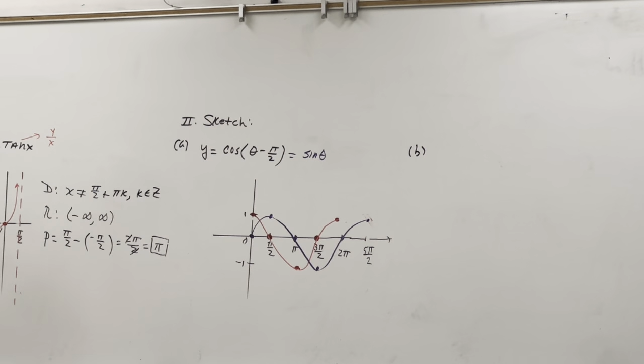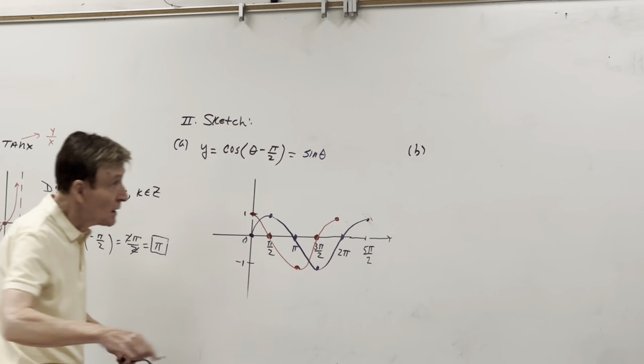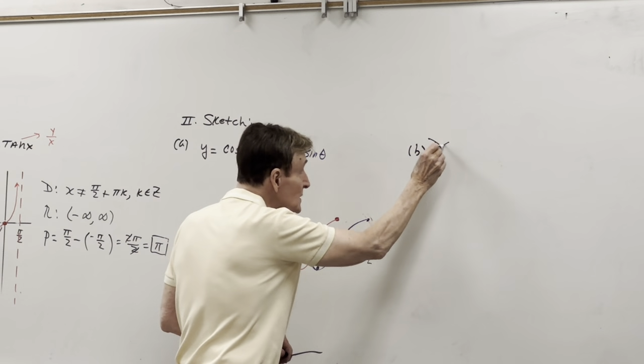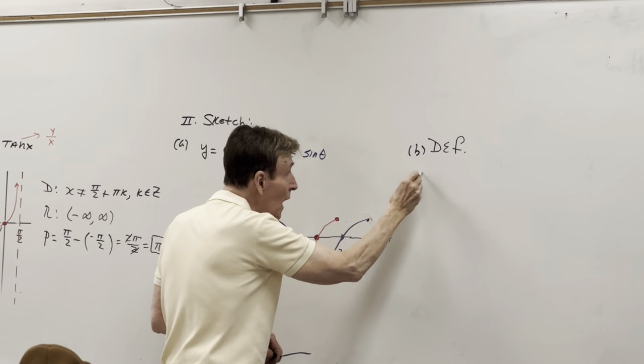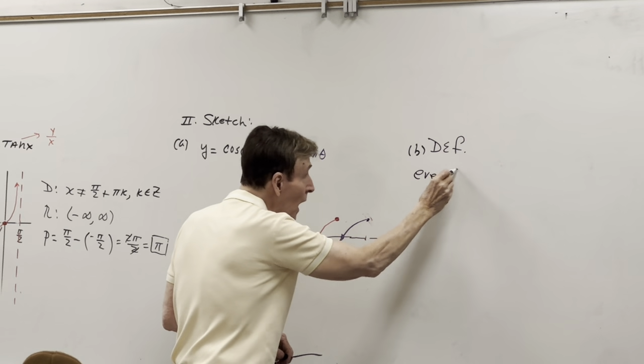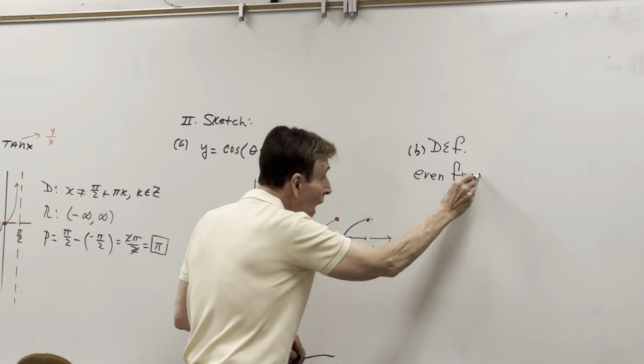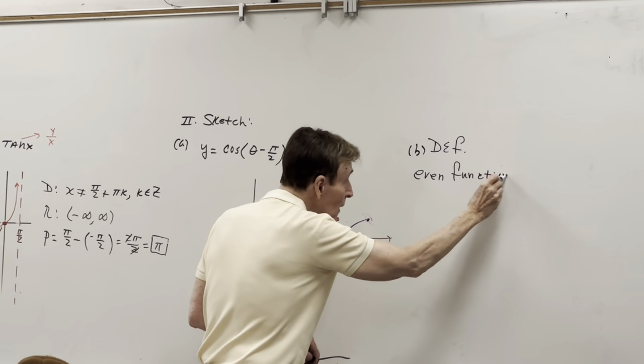Okay. PK, what did I start out with there? The definition was, the function is even. A function is even if for every x in its domain, the number negative x is also in the domain. Okay, here we go.